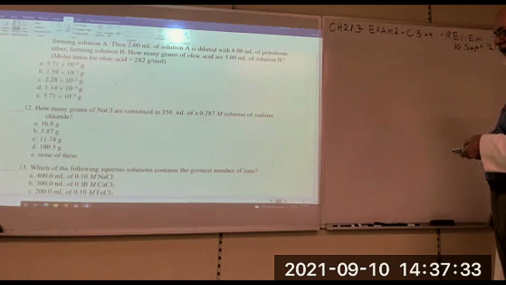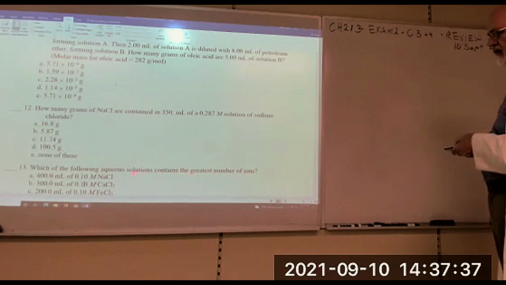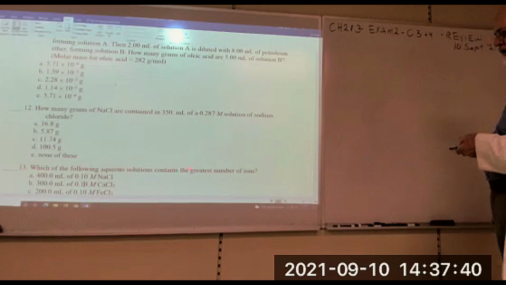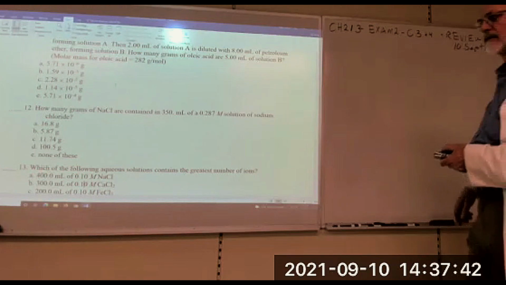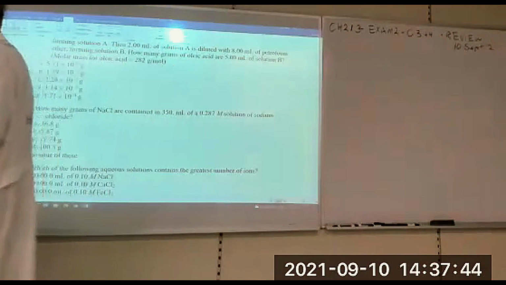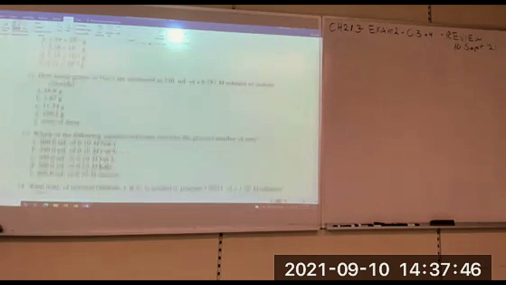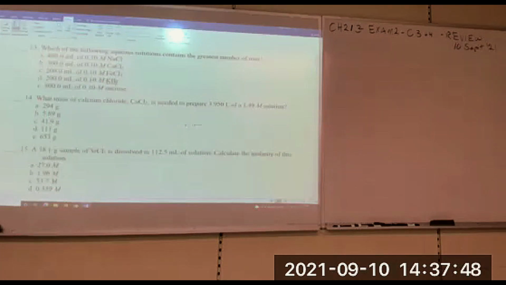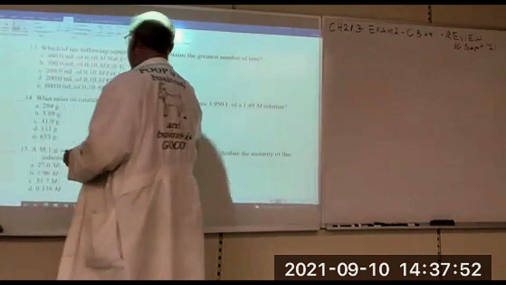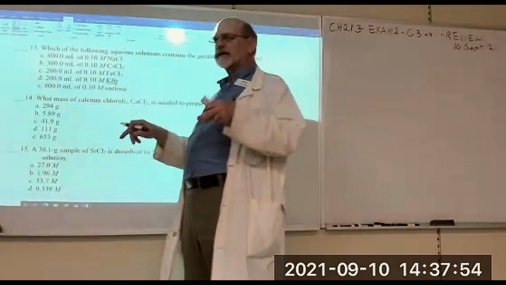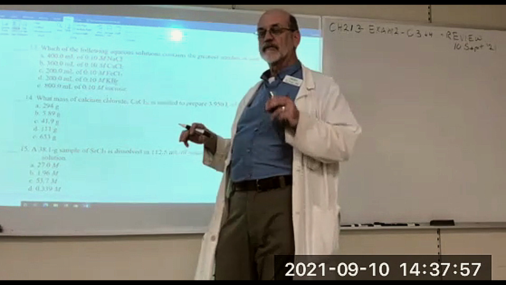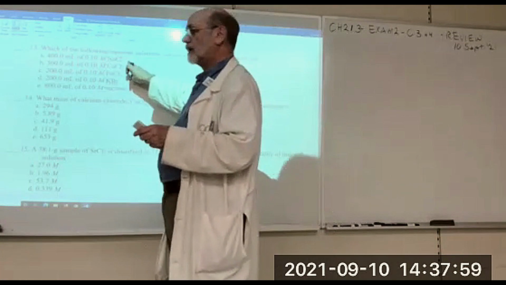I think we did this one in class: which of the following contains the greatest number of ions. Did we do that one? Let me scroll up. Greatest number of ions. So how many ions does this one have? Molarity times volume equals moles of the compound.